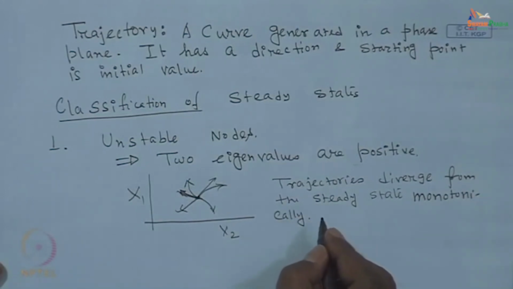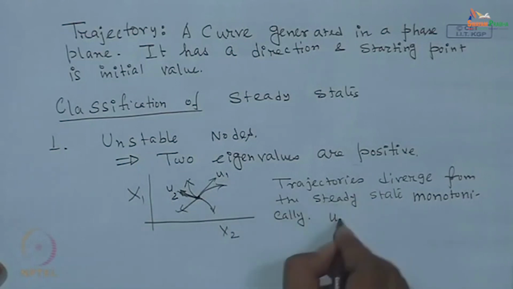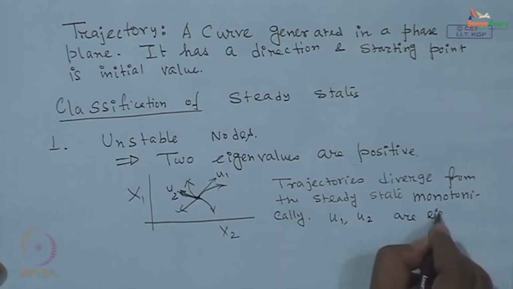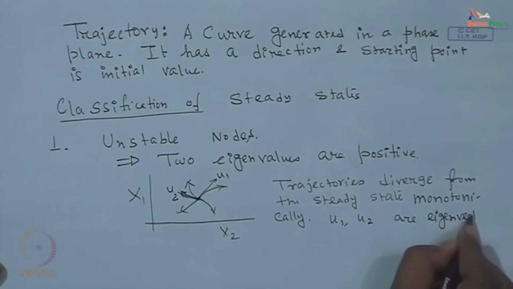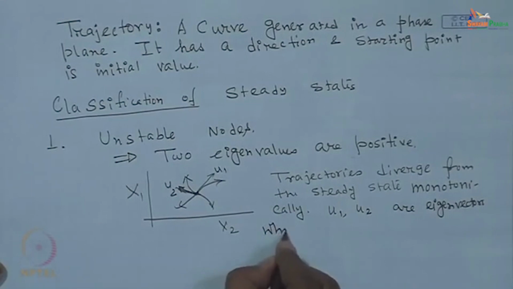Okay. So, u1, u2 are the eigenvectors, and these are the directions of the eigenvectors, which are tangent to the steady state.